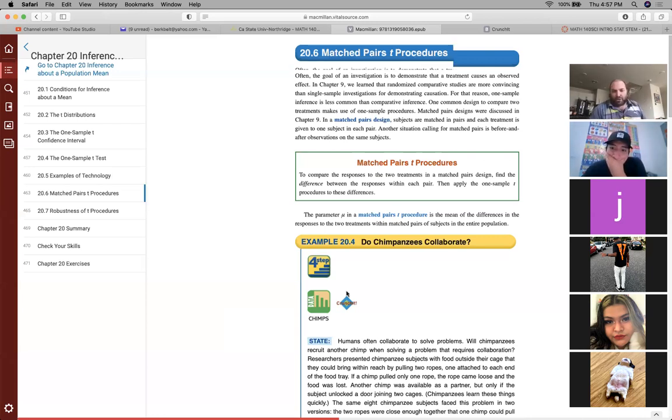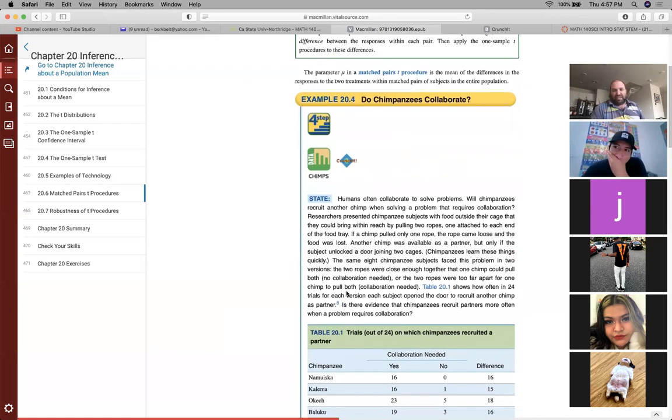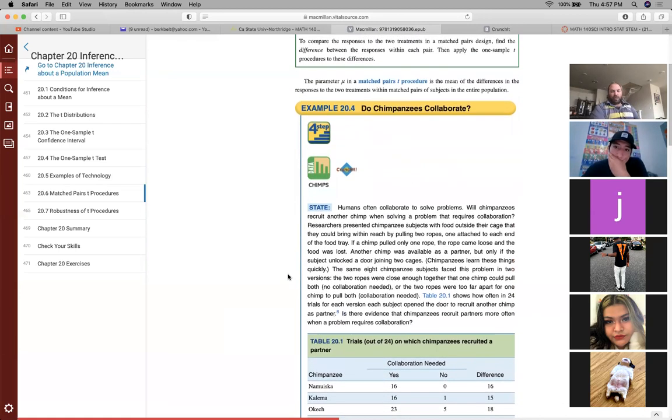Okay, so let's look at this example. Do chimpanzees collaborate? Humans often collaborate to solve problems, and the question is, will chimpanzees recruit another chimp when solving a problem that requires collaboration?